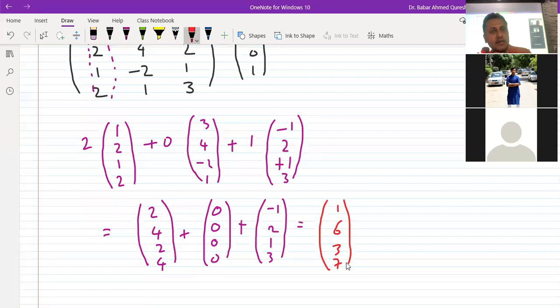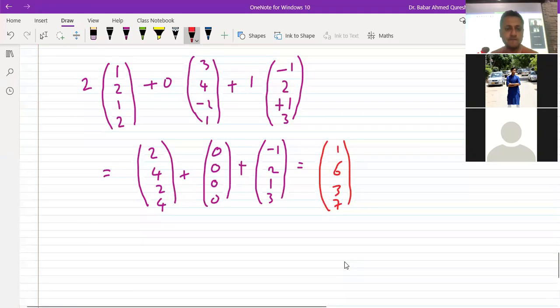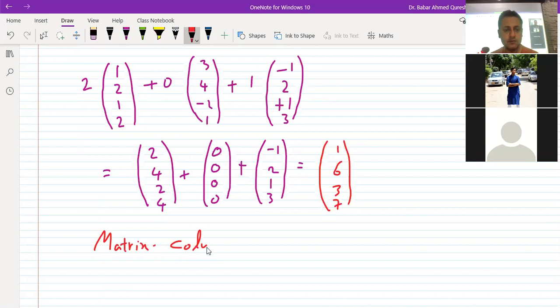When I multiply a matrix with a column vector, this is multiplication, I get back a column.